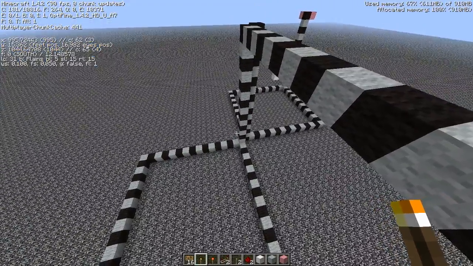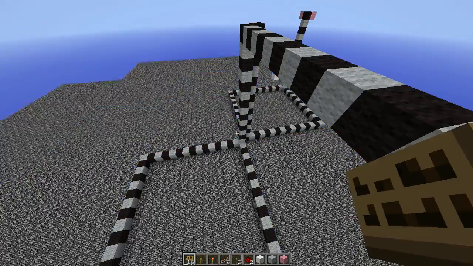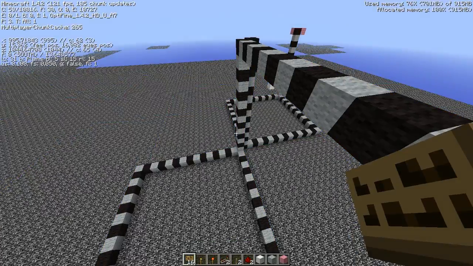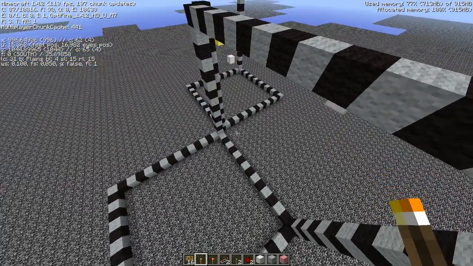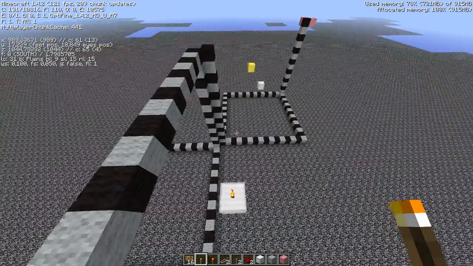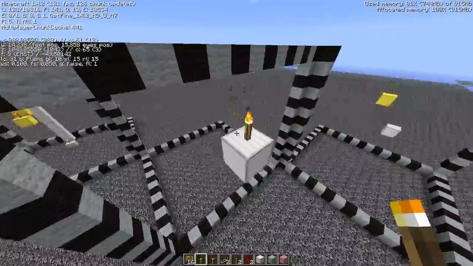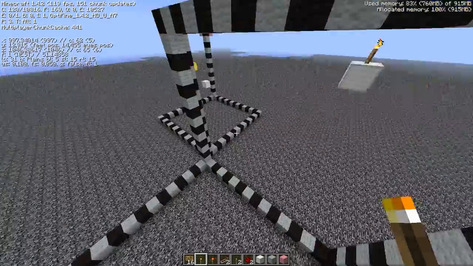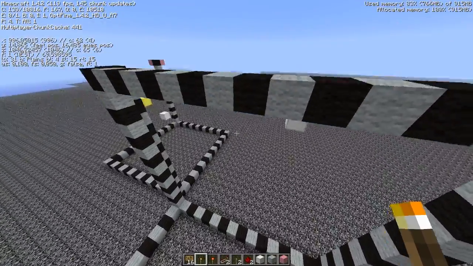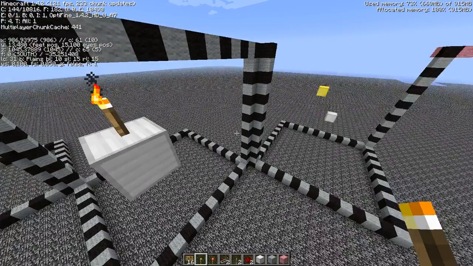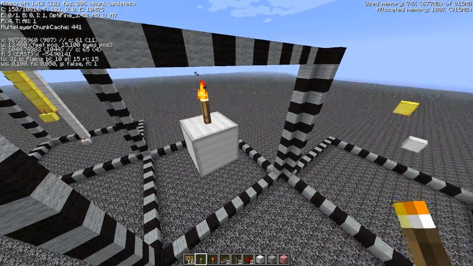Now let's reload this. So we reloaded this chunk, well, basically the entire world, but as you can tell, the LC value is still 31. So this is kind of unexpected. Don't know why that happened.